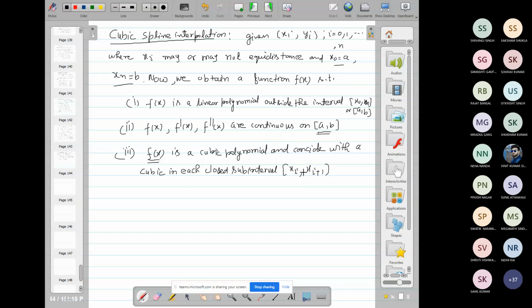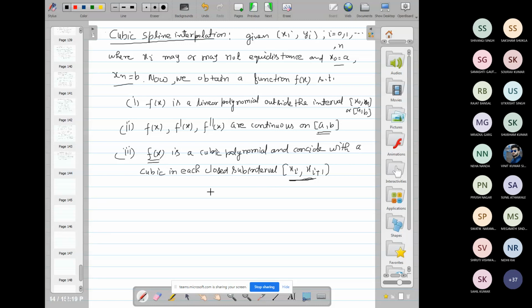Actually, the problem here is to find the spline curve. This means that we need to find the function f(x) in each of the subintervals, because f(x) coincides with a cubic polynomial in each of them. If we determine the cubic polynomial in each subinterval, then we obtain the cubic spline curve.